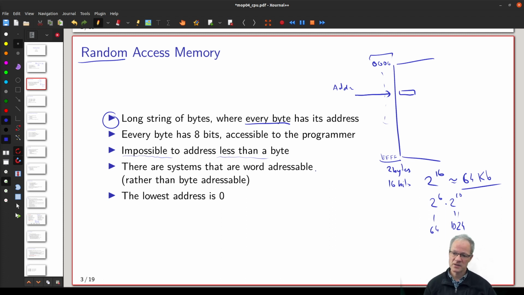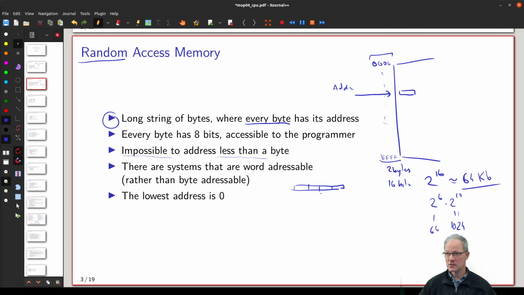However, there are some systems that are word addressable, meaning that for each word, rather than for each byte, there's a single address. And a word could be 4 bytes, it could be even 8 bytes for 64-bit words. Right.